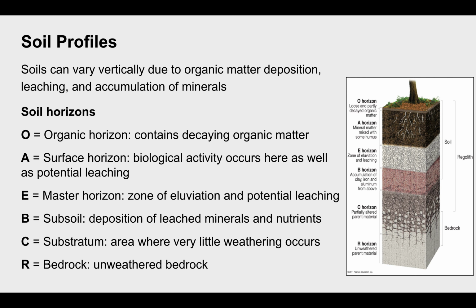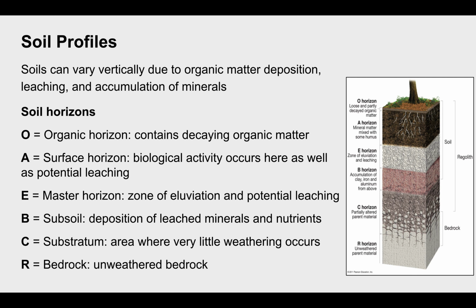Right, so if we look at these soil profiles and soil horizons, there's very strict language surrounding each of these soil horizons. So for example, the O horizon is always going to be on top. It's going to be a very thin layer here, and that's going to contain all the organic matter that's actively decaying. If we look at the R horizon, right, this is going to be the opposite end of the spectrum here.